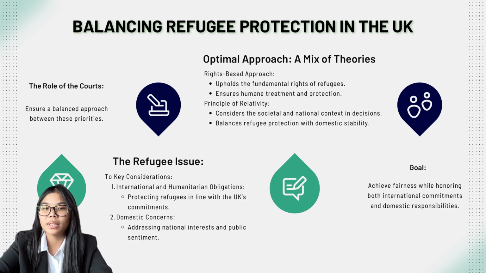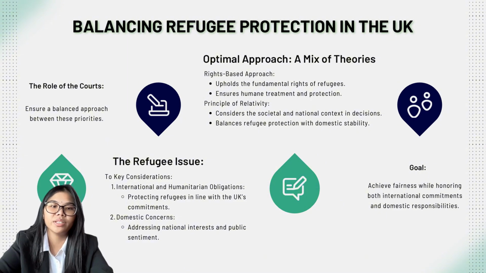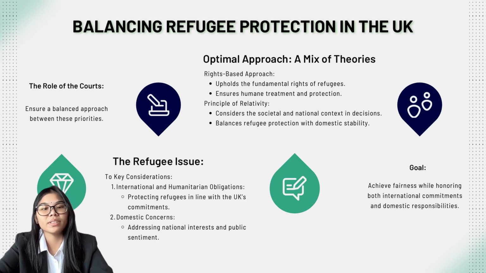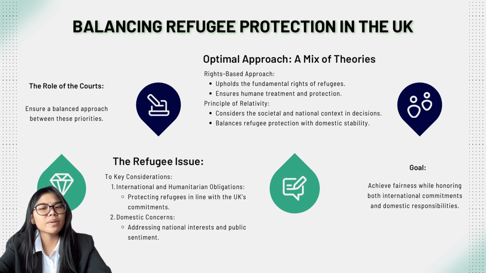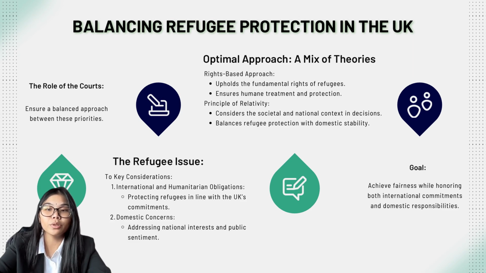The courts must take a balanced approach, and we have concluded that the best way to achieve this is a mix of theories, particularly the rights-based approach and the principle of relativity, because a rights-based approach allows the courts to recognize and uphold the fundamental rights of the refugees, and this is balanced with the principle of relativity, which allows for a context-sensitive approach to ensure all factors are taken into account to meet the needs of the circumstances.